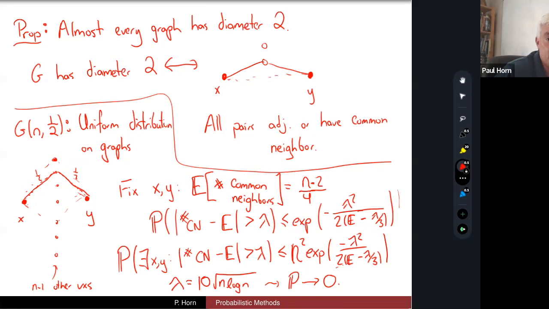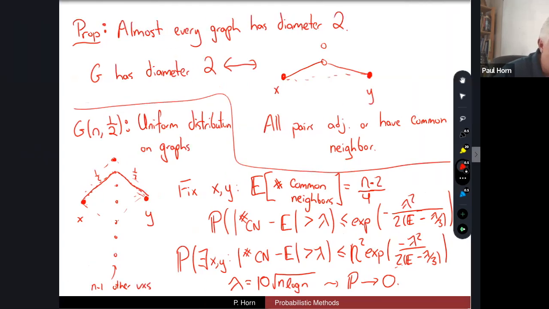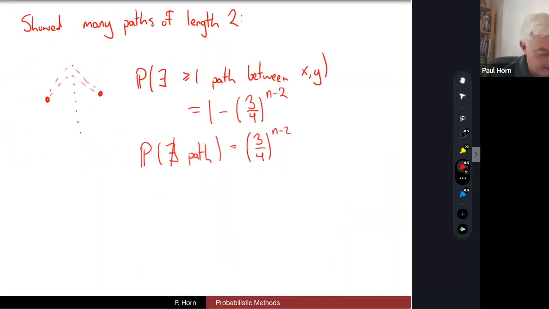And already these two properties, that you have the right number of edges and the right number of common neighbors that we just showed here, are enough to imply results on all of these things. If you construct a deterministic sequence of graphs with this property, then you get all these properties of random graphs for free. But on the other hand, this is another nice way of showing just this diameter 2.